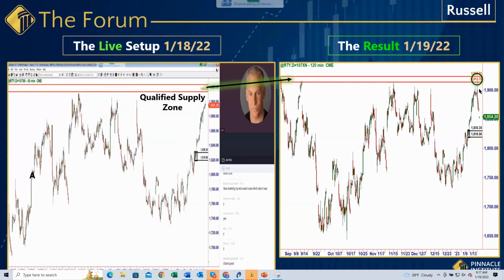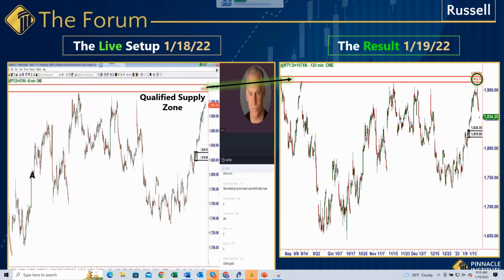You can see yesterday's high, the Russell, which is a major stock market, the Dow as well, came right into this outside the range, outside of fair value area. And this is not current fair value, by the way, but came into this outside the range supply zone. And again, supply or demand zones that are outside the range, outside fair value, typically have a much larger supply-demand imbalance than those inside fair value.